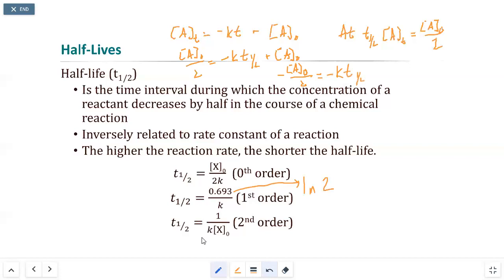Dividing each side by negative K, I would get the initial concentration over 2K is equal to t 1/2.